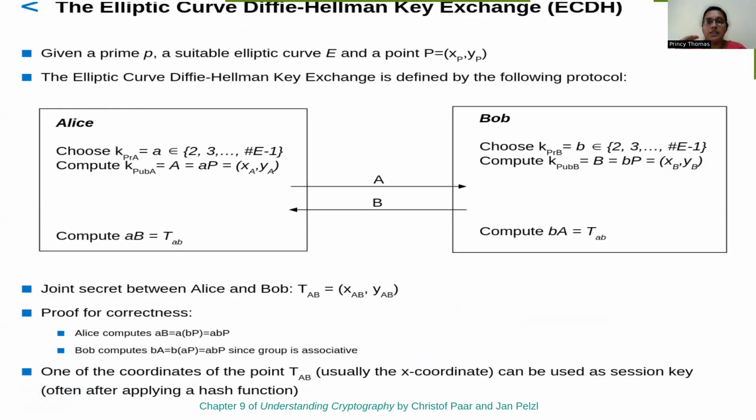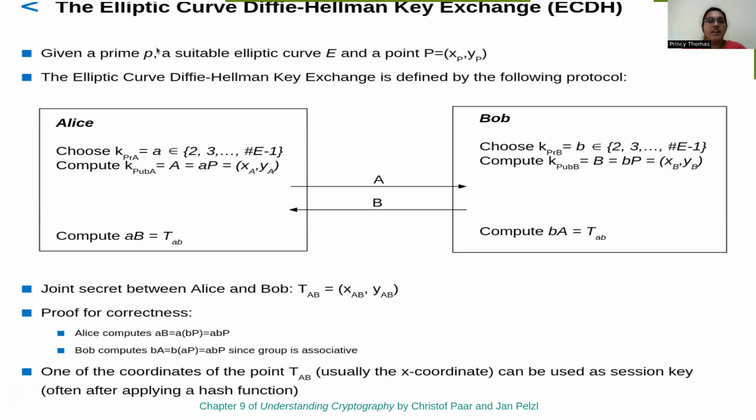We are looking at how elliptic curves are used for Diffie-Hellman, but the basic algorithm for Diffie-Hellman is the same. The only thing is that the values are taken from the elliptic curve, so the points are on the elliptic curve. First, we are given a prime P and a suitable elliptic curve. There are standard elliptic curves from which we can choose.